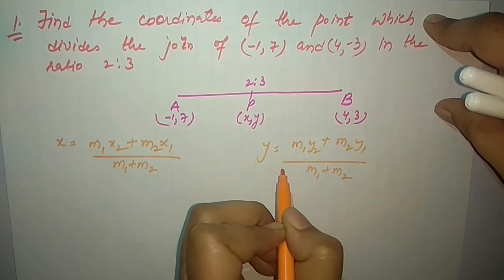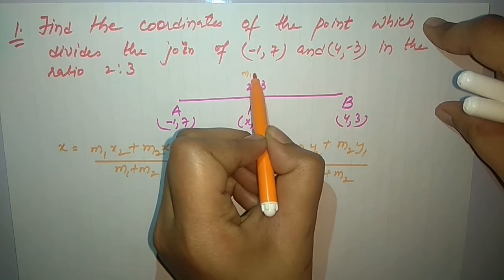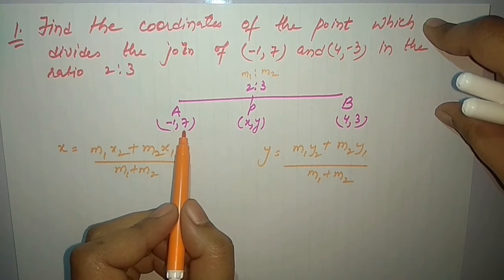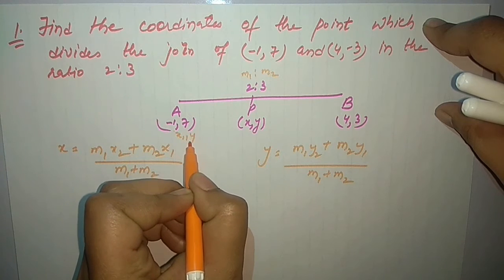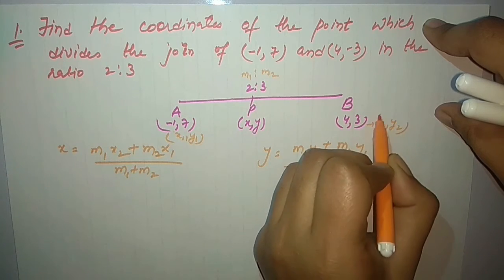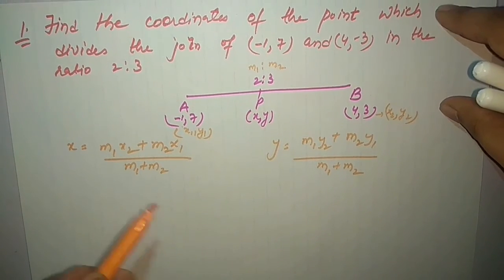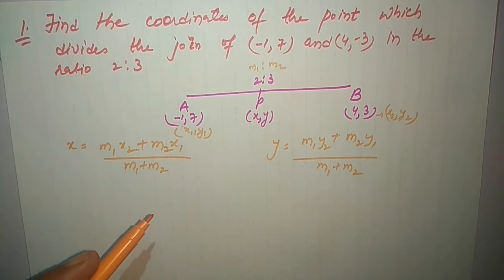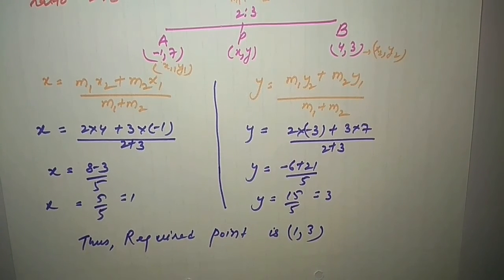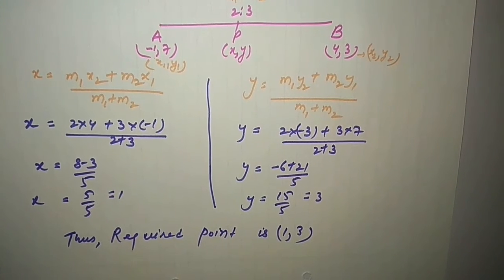Here this 2 is m1, this 3 is m2, this is x, y, this is x1, this is y1, this is x2, y2. Clear? Now put the values in this formula, and after solving it you will get your answer. On solving, x is equal to 1 and y is equal to 3, and the required point is (1, 3).